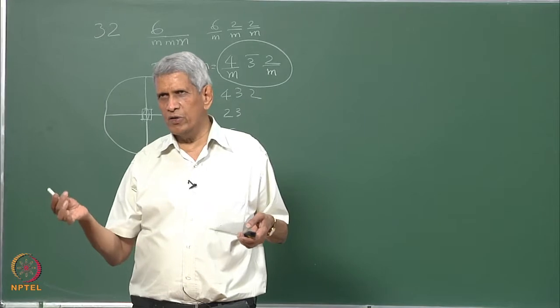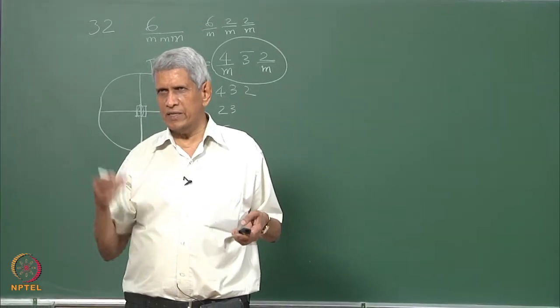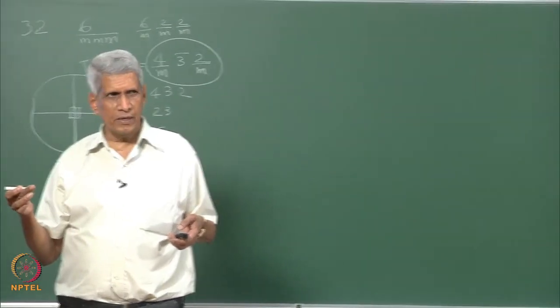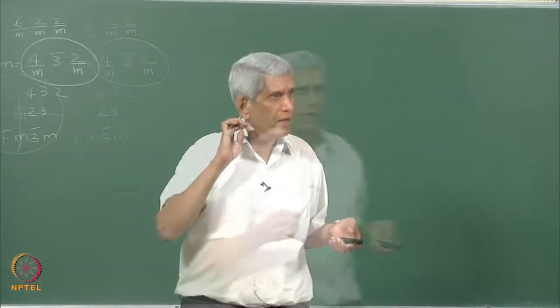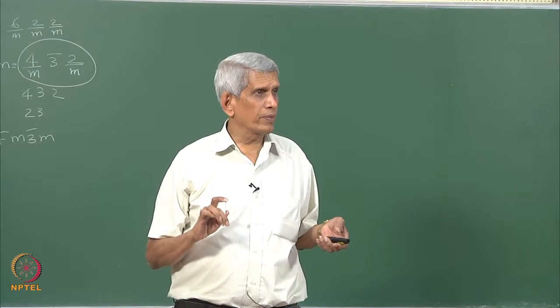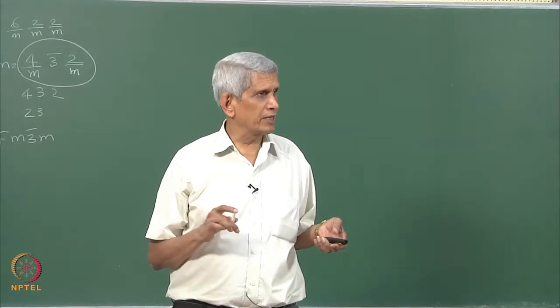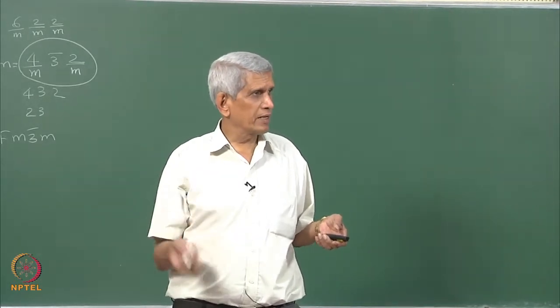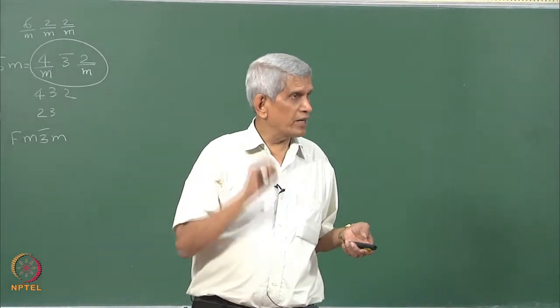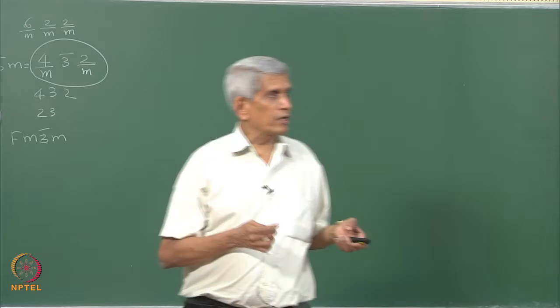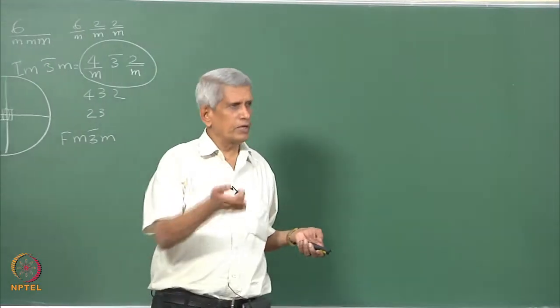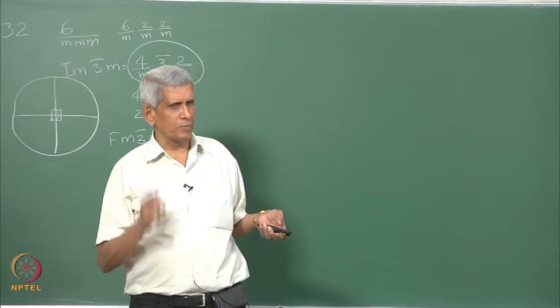Similarly, 3-fold, how many are going to be there? 8, right? No, 4. Similarly, 110, that is 2-fold rotation, there are going to be 6, along different directions which are quite distinct. So, there are many symmetry elements. This we will talk about, what are the number of symmetry elements which it can have.